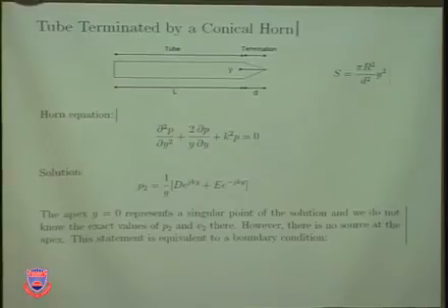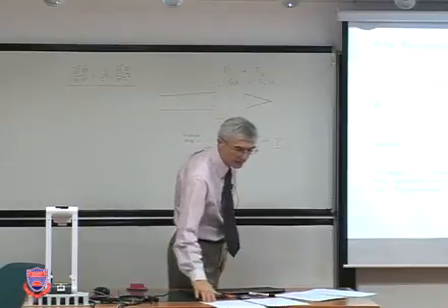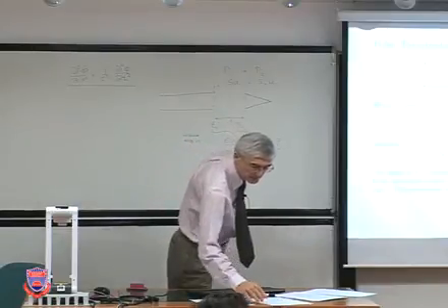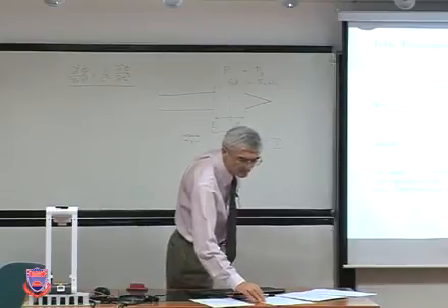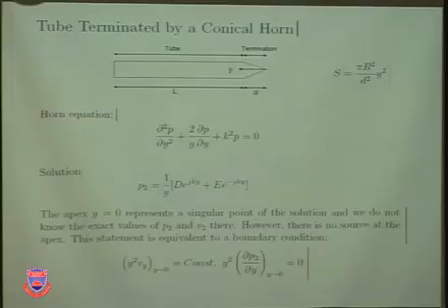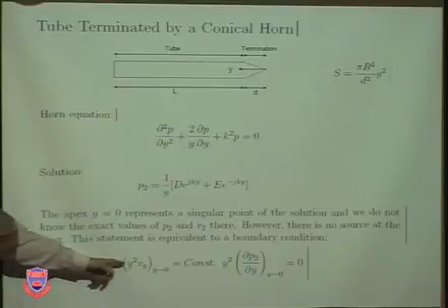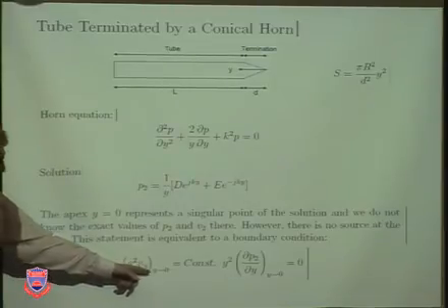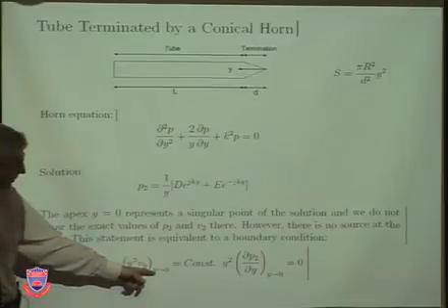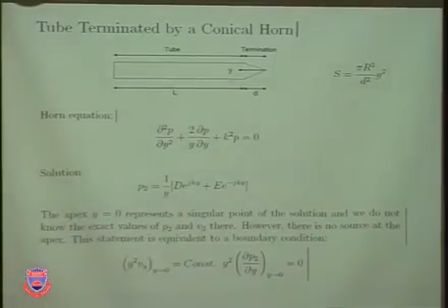So what that suggests to us then is an equivalent value to a boundary condition that says y squared, or area squared, times particle velocity as it goes to the apex is equal to 0.